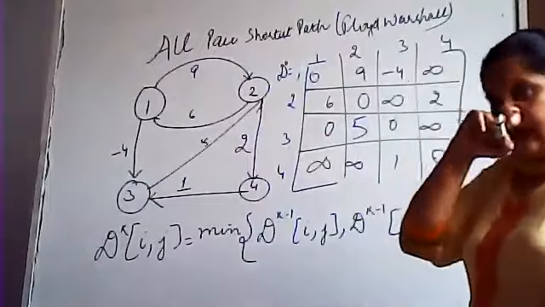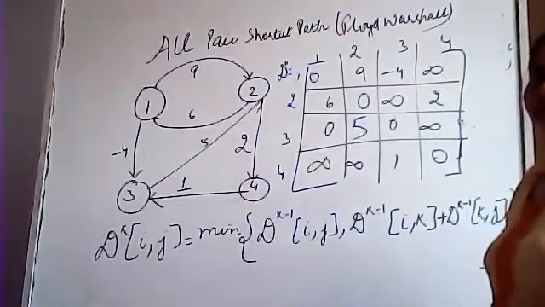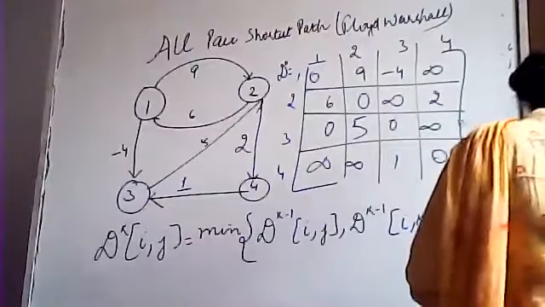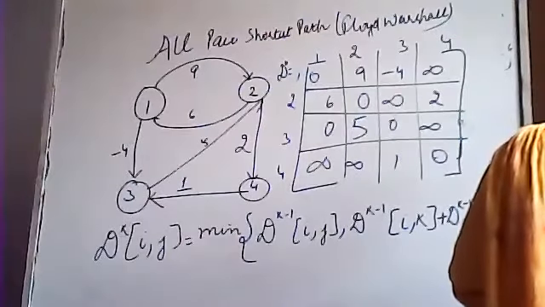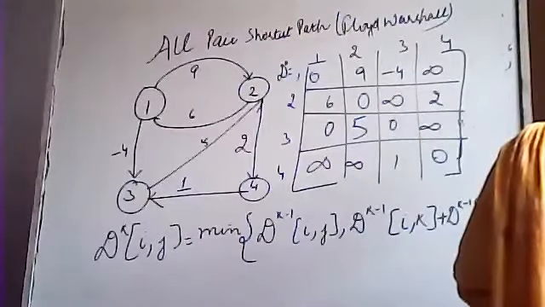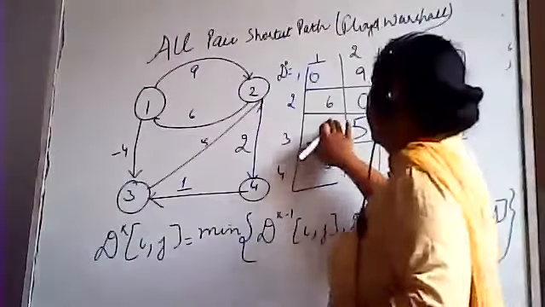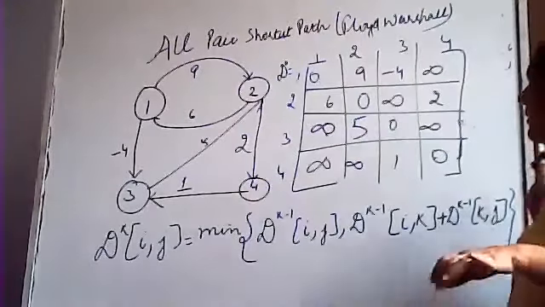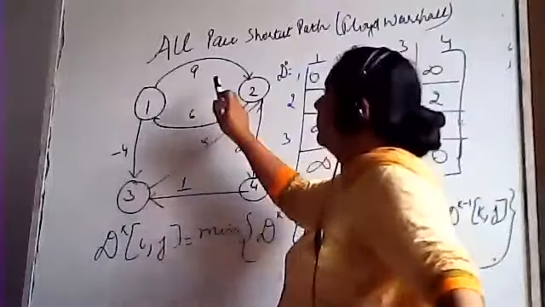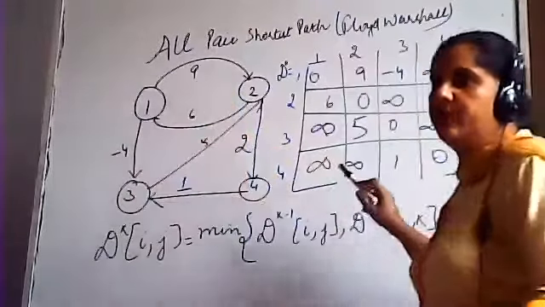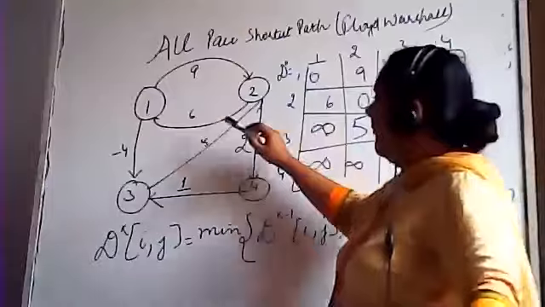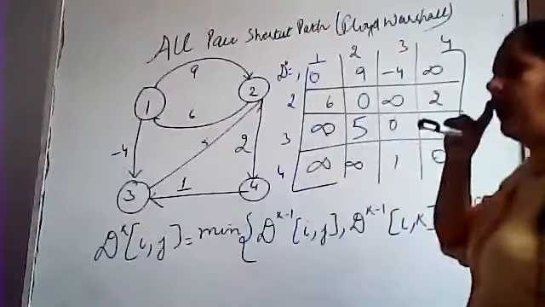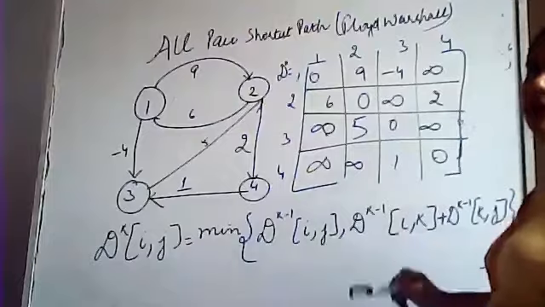Okay? Now, see, 1 to 2, the weight is 9. Put 9. 1 to 3, weight is minus 4. Put minus 4. Then 1 to 4, there is no edge, so put infinity.